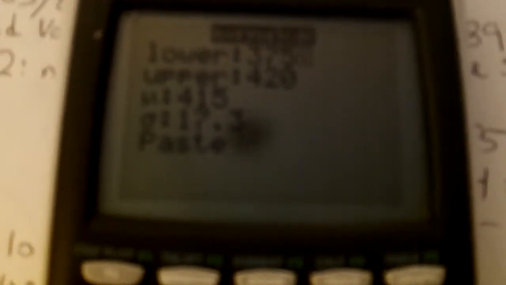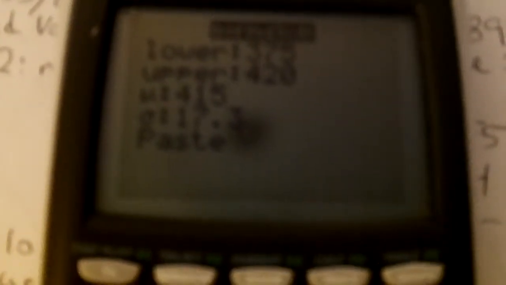Those of you with the 89s may have noticed you don't have to leave that F5 menu when you're done with the calculation. So as you can see, this has what we had in there last time. We're looking from 375 on up. So our lower is 375. We're not going to have to change our mean and standard deviation. Those have not changed in this problem.